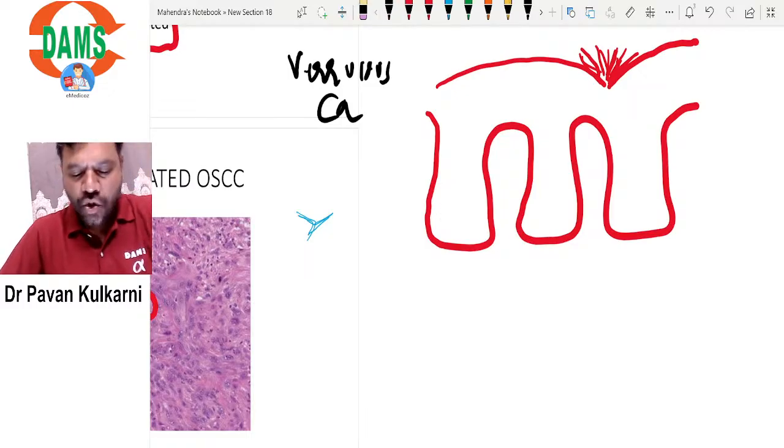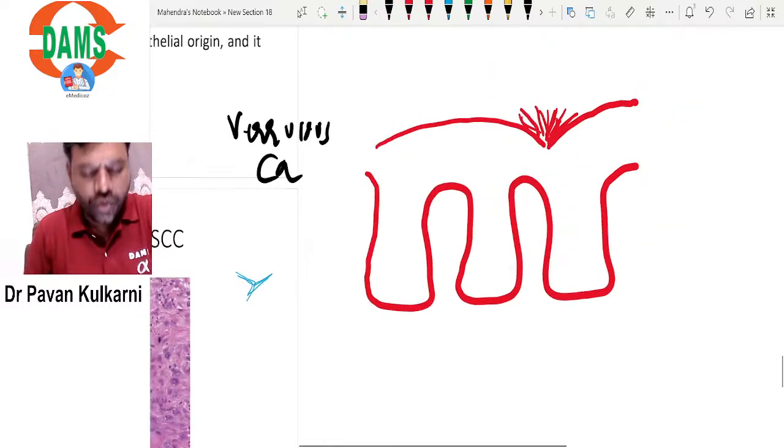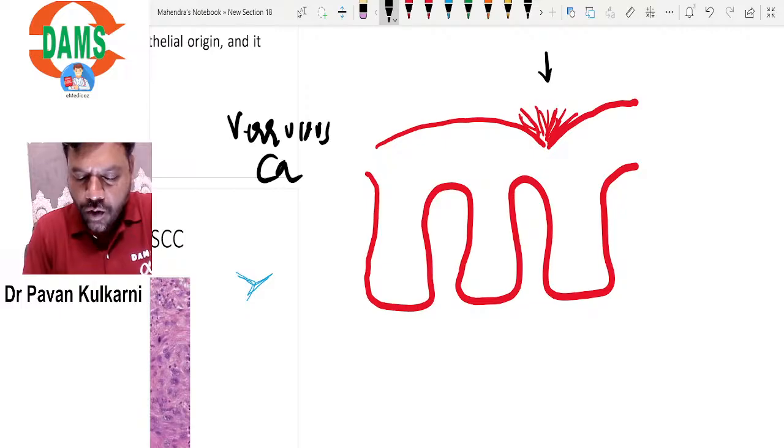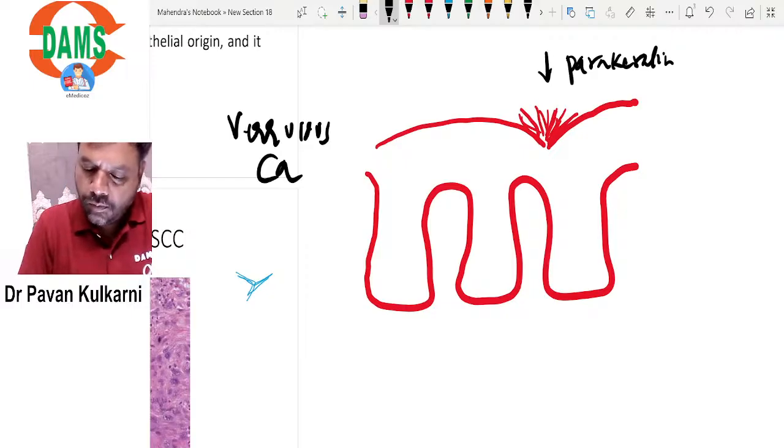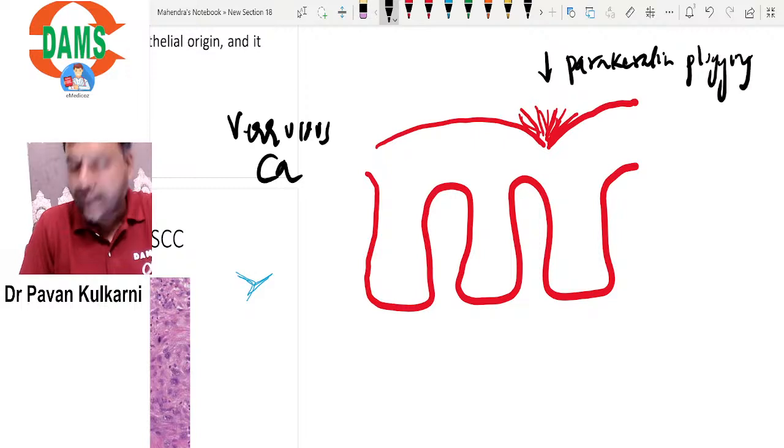So verrucous carcinoma is the one which shows keratin, parakeratin plugging on the surface. That means more keratin.